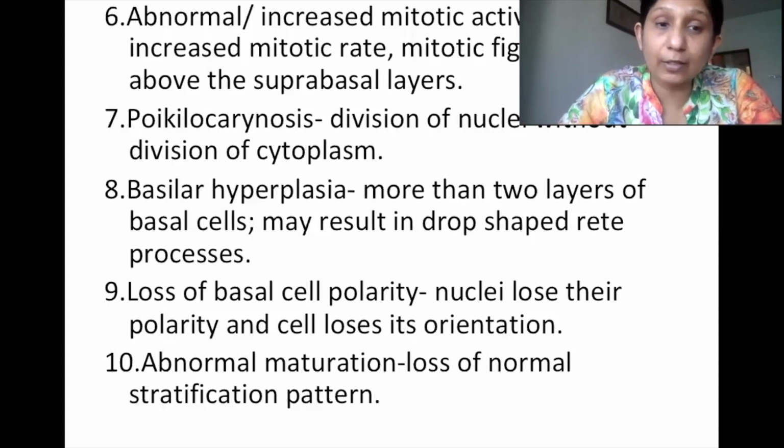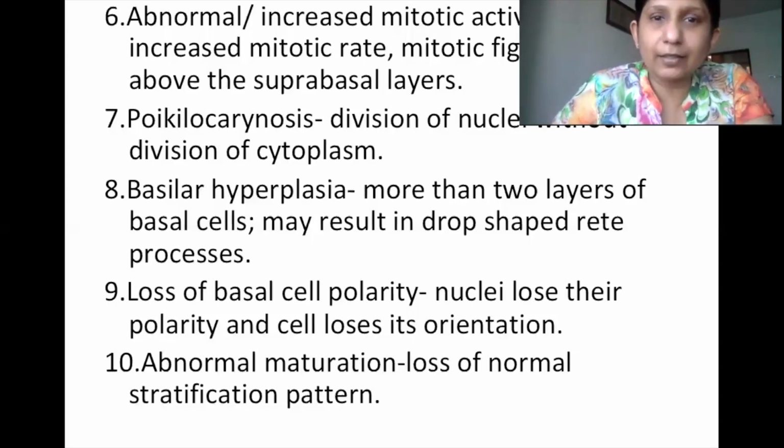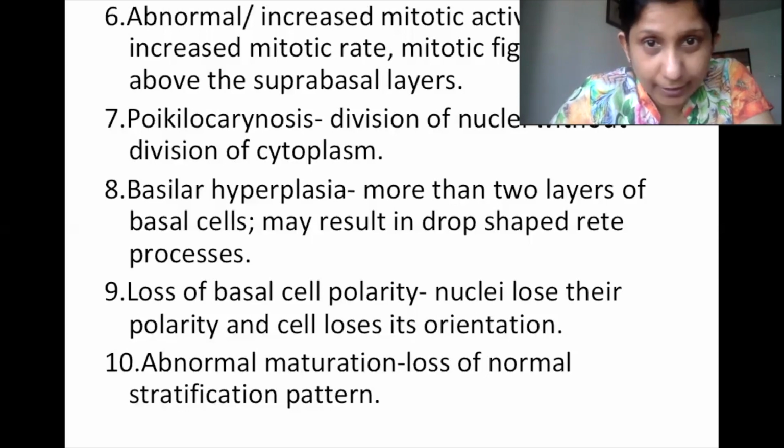That is called loss of basal cell polarity, which means the basal cell might just hinge towards one side. When the basal cell hinges towards one side, when it proliferates, it will also hinge towards that one side. So the tissue proliferation will also be very unequal in nature.